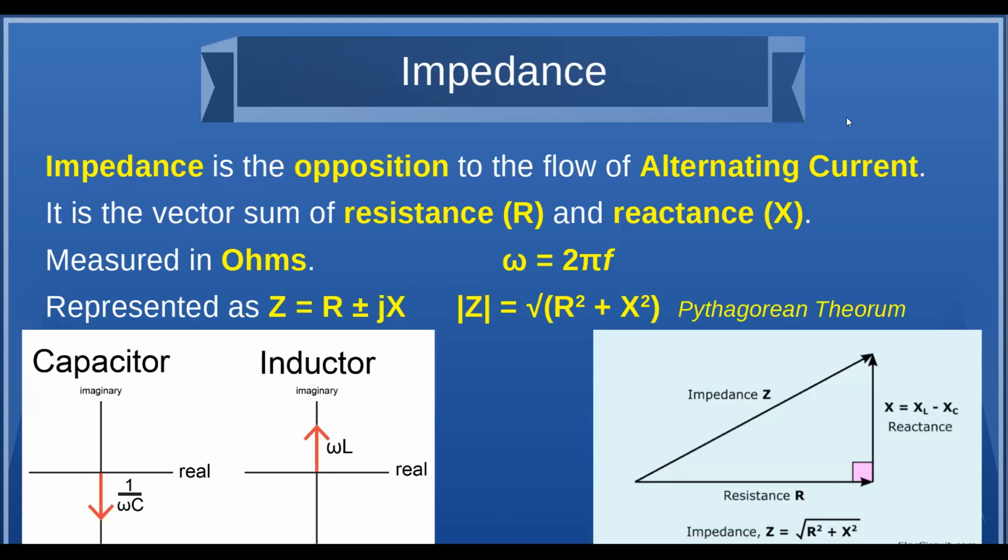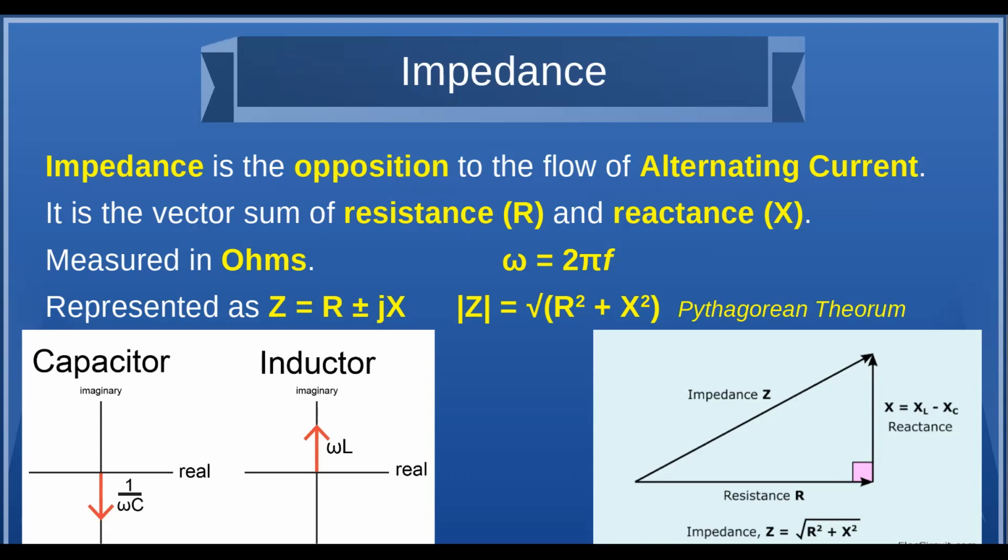Okay, so impedance. Impedance is also the opposition to the flow of alternating current. It turns out it's the vector sum of resistance and reactance. So we know that resistance is frequency independent, but reactance is frequency dependent.